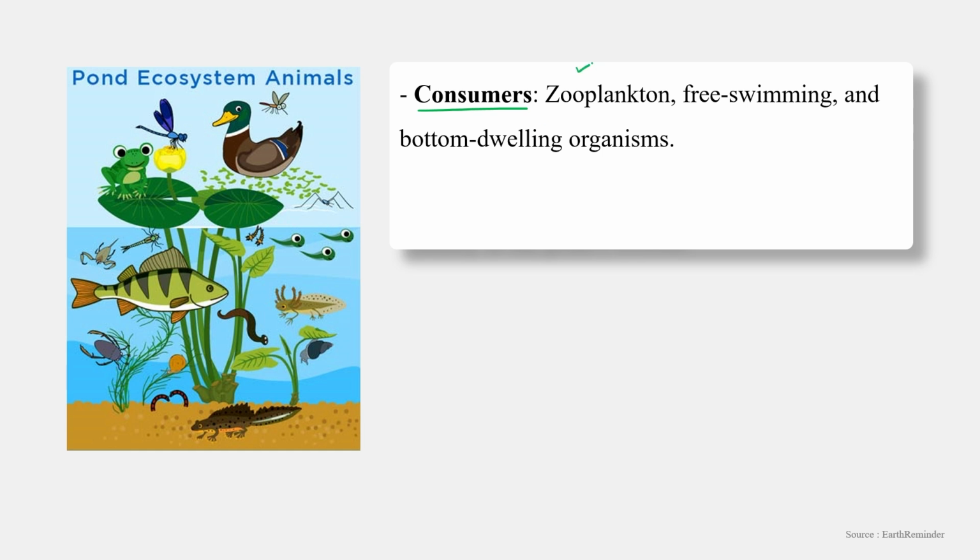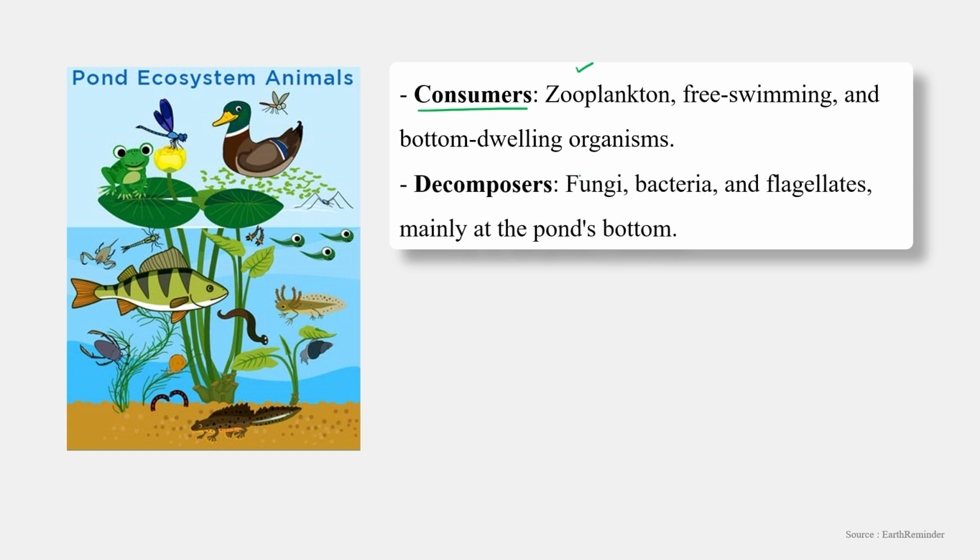So zooplankton comes under the consumer category. Then free swimming or bottom dwelling organisms also come under the consumer category. And then decomposers: different kinds of bacteria, fungi, flagellates. These are the microorganisms under the decomposer category, present at the pond's bottom.